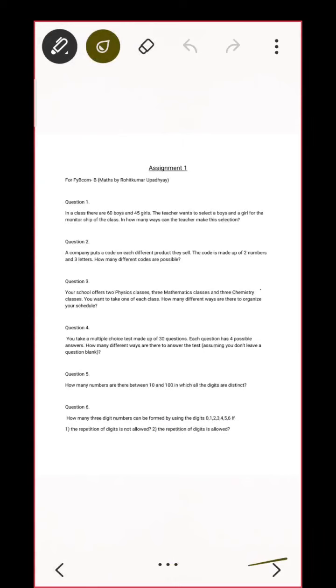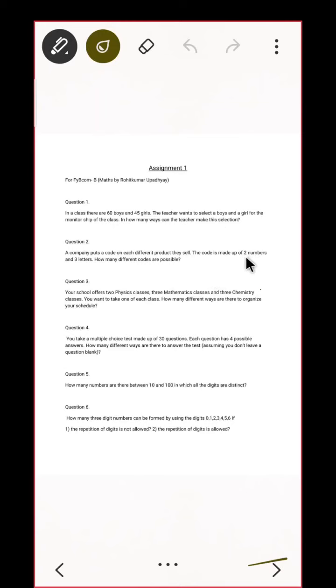Yes, actually, it is asking for something made up of two numbers and three letters. Yes, correct. So they are just asking for two numbers, not a two-digit number. So how many choices for numbers?